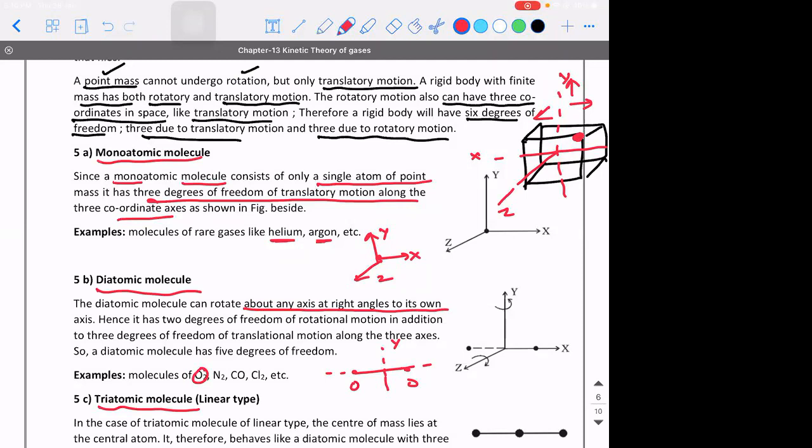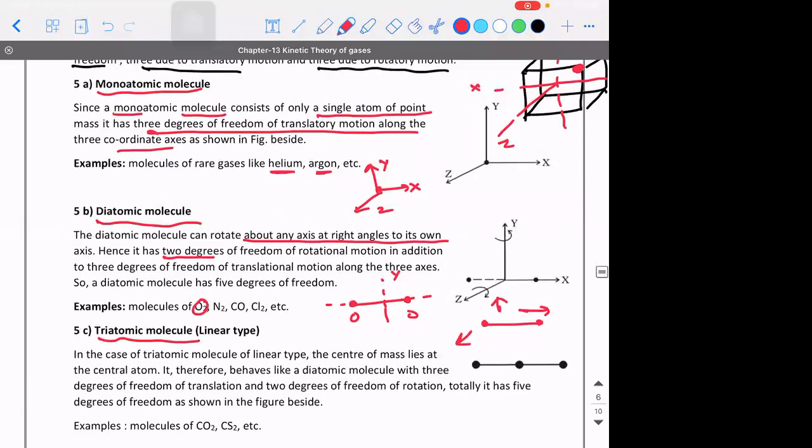It can rotate about y axis or z axis. So rotational motion has 2 degrees. And this oxygen can move along x direction, y direction, or z direction. So how many degrees of freedom does it have due to translatory motion? 3, sir. 3. So totally how many degrees of freedom does it have? So 2 plus 3, it has 5 degrees of freedom.